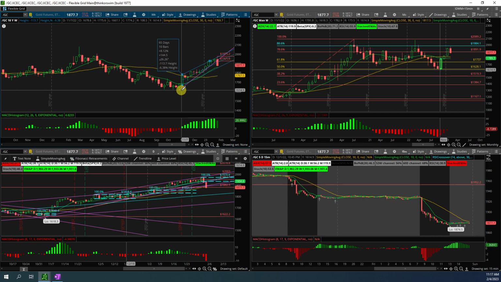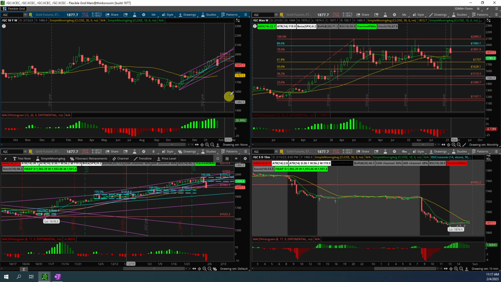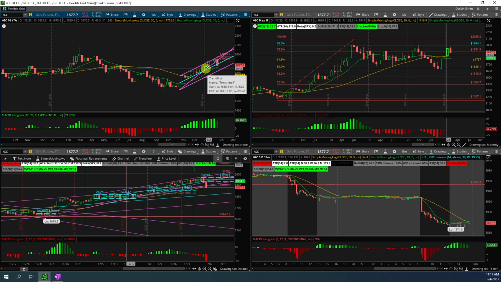So if we put a channel here, that would be probably a good area to look for a bounce off of this channel right here, which is, let's see, it could be 1850. I don't know.